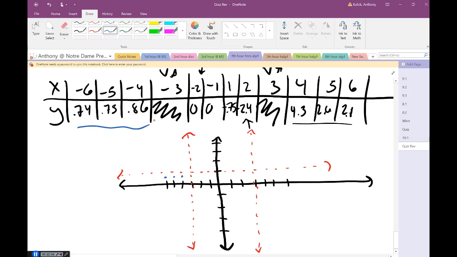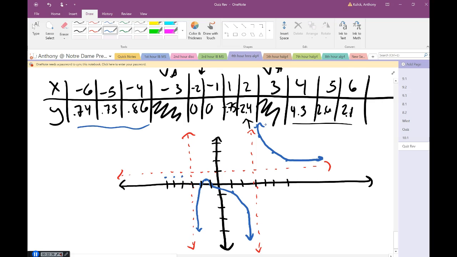I'm going to probably add some more points in there in a minute. So I have this. I have that. I have this. I have that. I have that. And then I have like that. So this to me looks like it's going to do something like that in there. And then this one looks okay with what's going on here, that it's just going to be that.